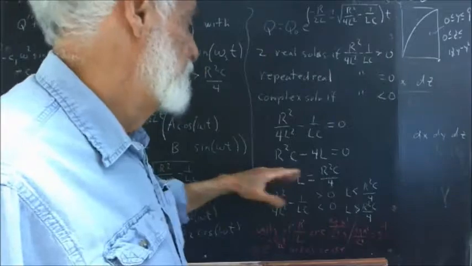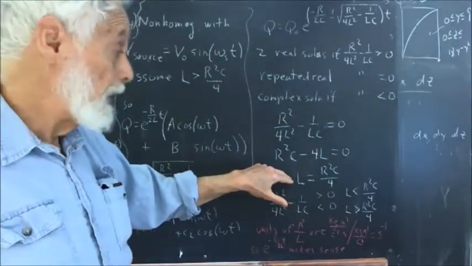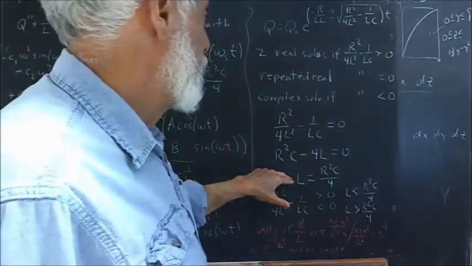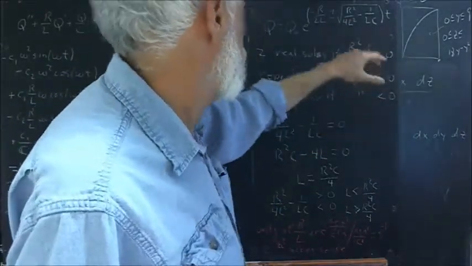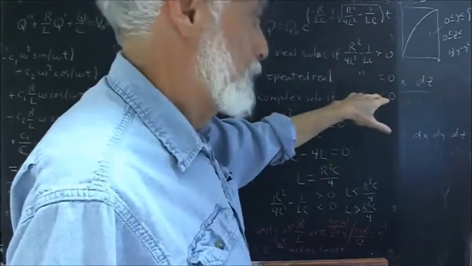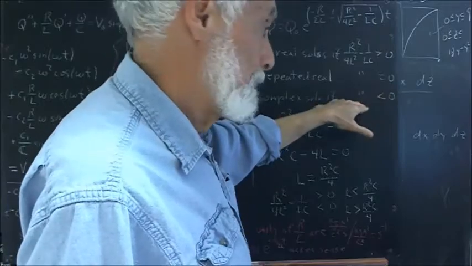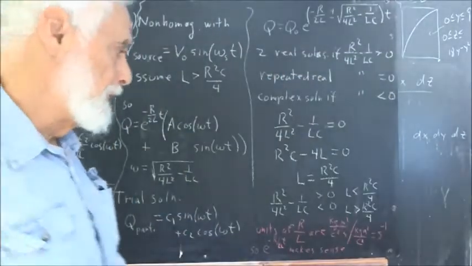Okay, that's the transition of the behavior of the system from the solution where your discriminant is negative to the solution where your discriminant is positive. Transition from an oscillating behavior to a combination of exponential behaviors.